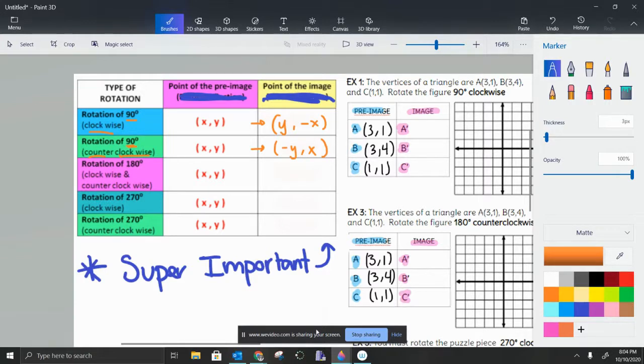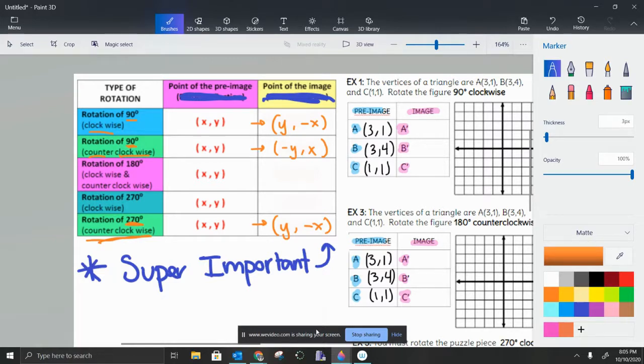Okay, so I told you a little bit ago that a 90 degrees clockwise rotation was the same thing as a 270 degrees counterclockwise rotation. So what I'm saying to you is that if we want to do either 90 degrees clockwise or 270 counterclockwise, we're going to use the exact same rule. So this rule is exactly the same as our first example was.